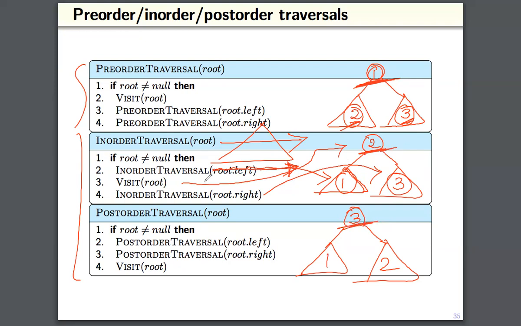We could have defined one more traversal also, maybe reverse in-order. How would that look? Maybe you visit this first, this second, and this third.